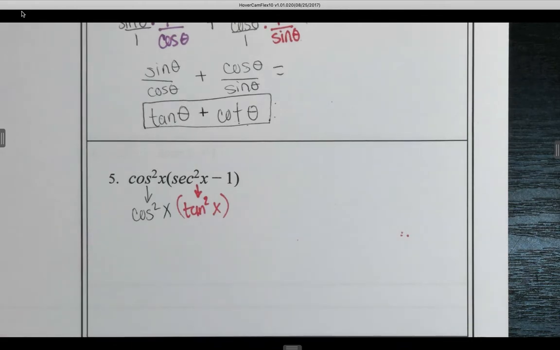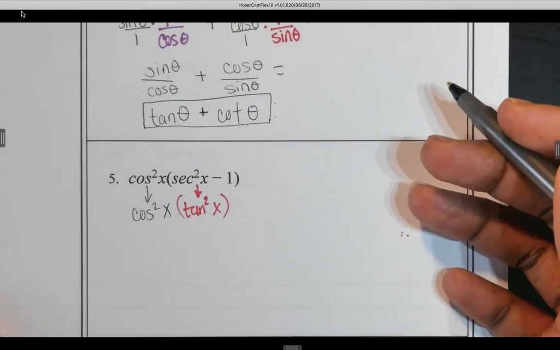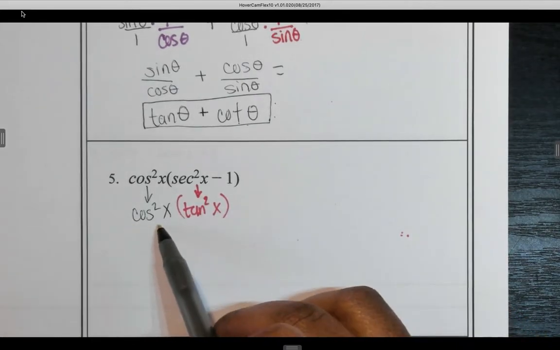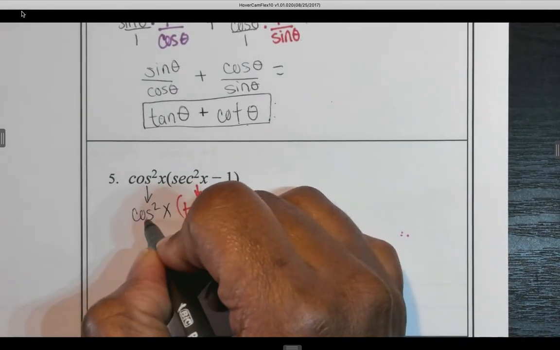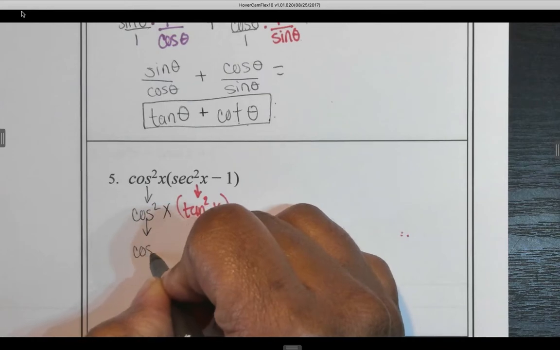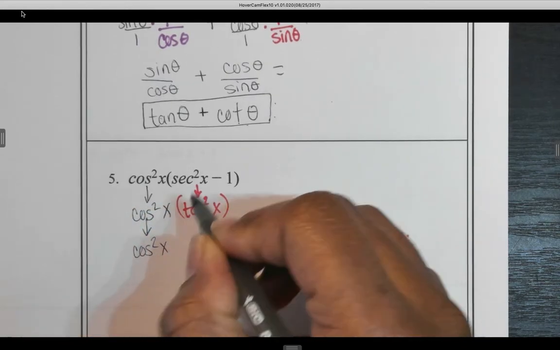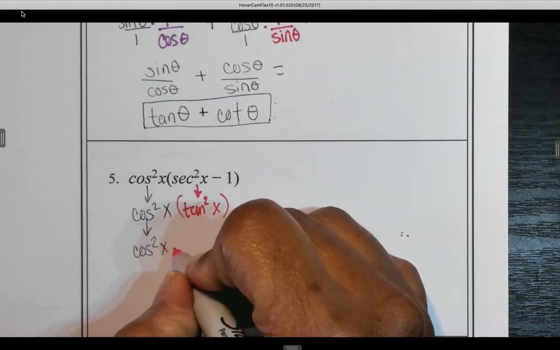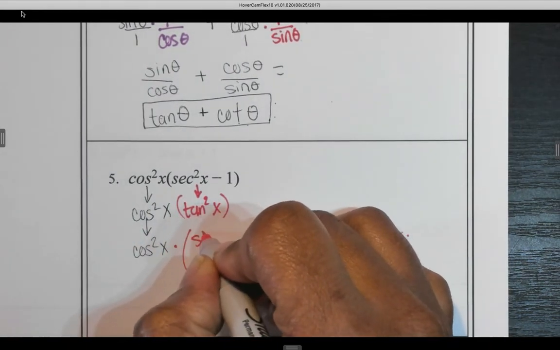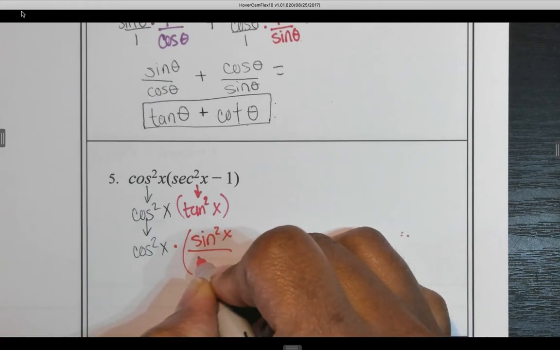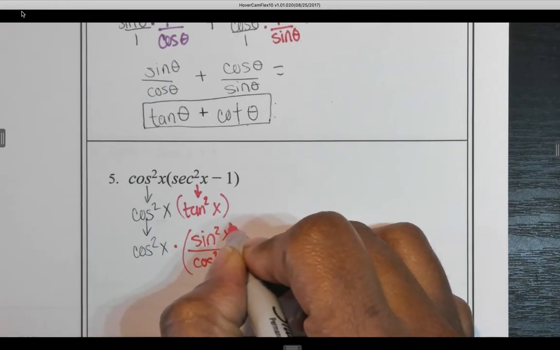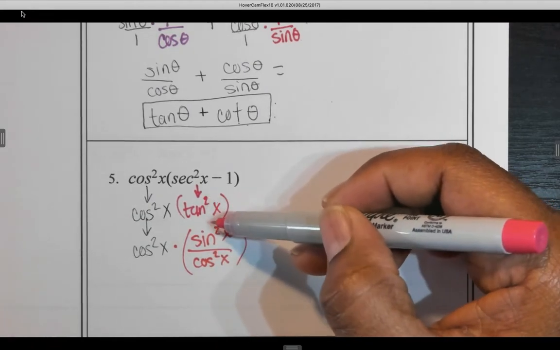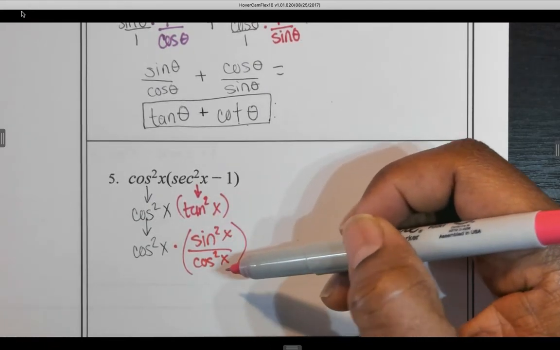Okay? And now I can use the rule of, well, let's rewrite everything in terms of sine and cosine. This guy, again, it's already in terms of cosine. I don't need to change anything here. But tangent, on the other hand, can be rewritten as sine squared over cosine squared. Normally we say tan is sine over cos, but because it's squared, I need to make sure I'm squaring the numerator and denominator.